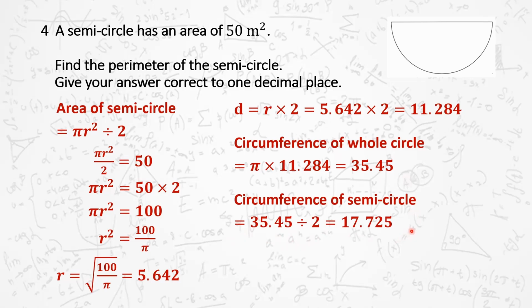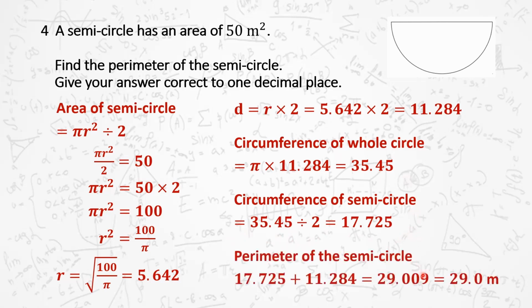Finally, the perimeter of the semicircle is 17.725 plus 11.284, which was our diameter, equals 29.009. I kept 1 decimal place for the final answer, which is 29.0 meters.